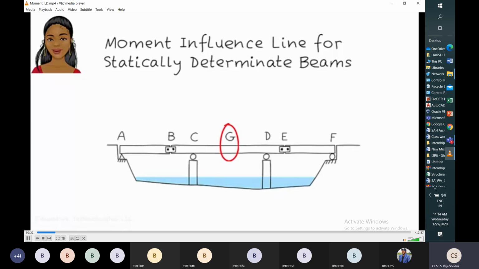So once again, you see this one. The unit point load is moving from A to F, so you can observe the variation of bending moment.